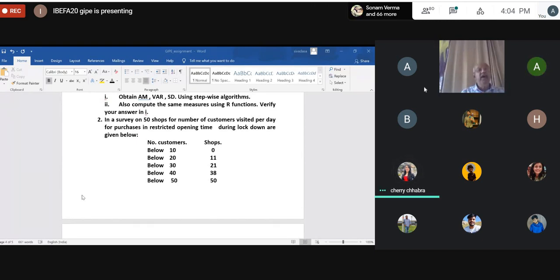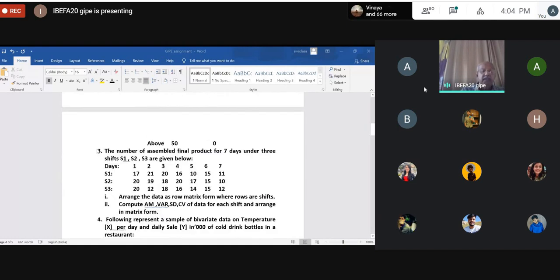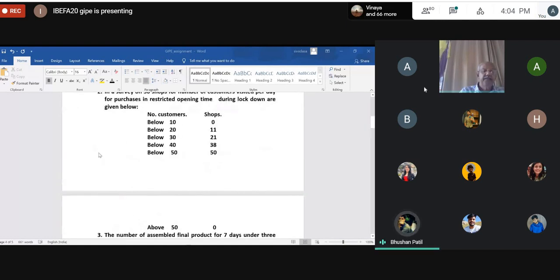We have already done that in modules 1 and 2. Sir, in the second question, do we have to use stepwise algorithms or do we have to use R? Can we use R functions? Both. This assignment is for both. Got it, sir. Thank you.